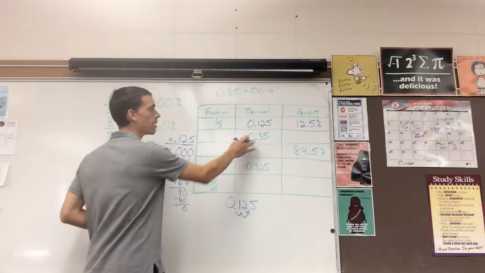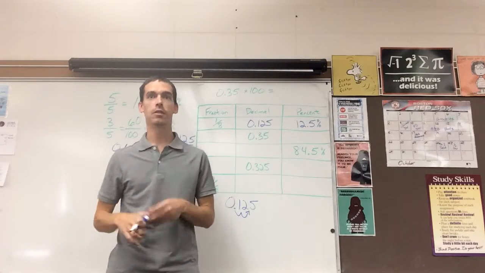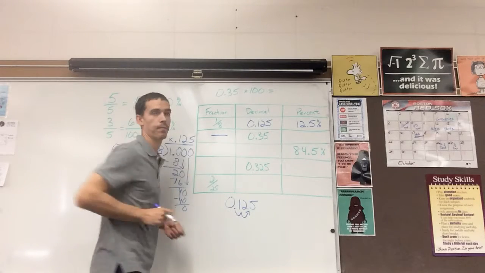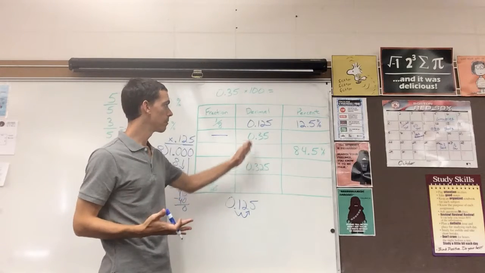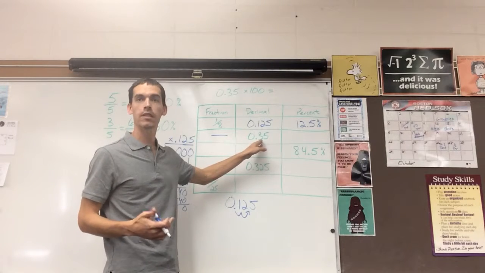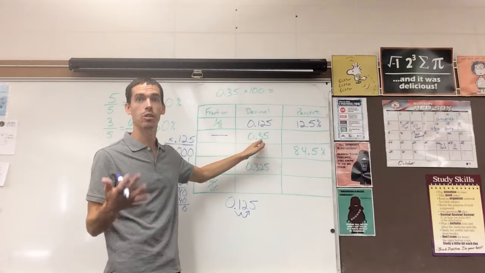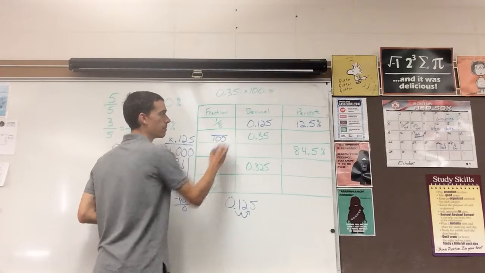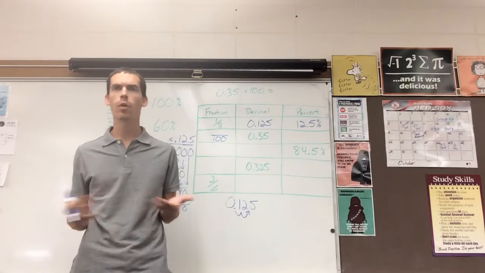Let's do another one. 0.35. Now this one is the easiest, I think, to start with as a decimal to find the fraction. You need to remember place value. The 0 is the ones. We don't have to worry about that so much here. The 3 is in the tenths. Remember that? And then the 5 is in the hundredths. So that means that this fraction is over 100. It's out of 100. And what value is there?